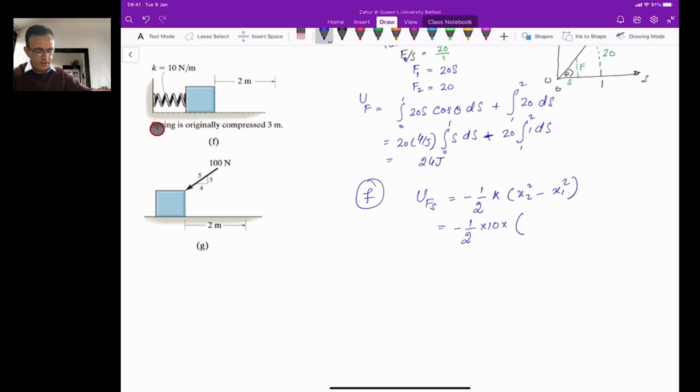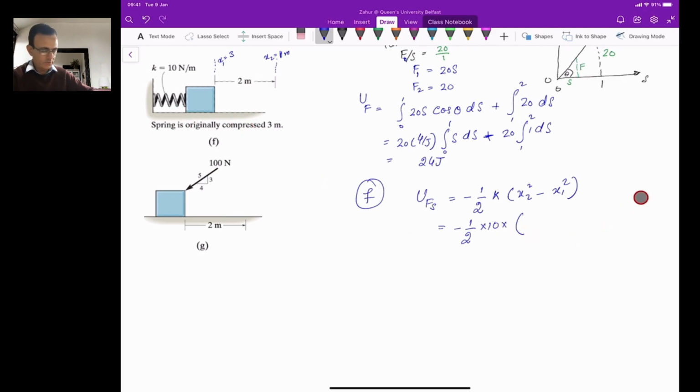But as you can see here, the spring is originally compressed 3 meter. So this means that at this location, the x was 3, and then when you open the spring 2 meter more, the compression in the spring will be 1 meter. So this means that x1 is 3 and x2 is 1.